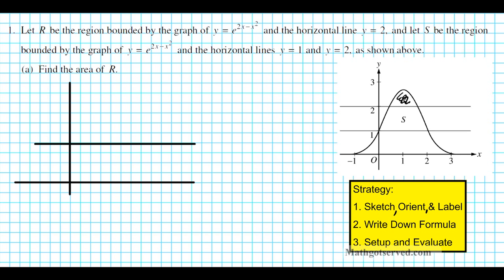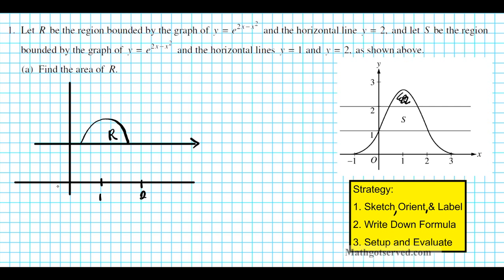Okay, we have that, and then we have a piece of that graph. Let's say this is 1, and then this is 2, somewhere over here. And then we have a piece of the graph, something like this. Okay, so that's region R. That is what we want to find the area of.